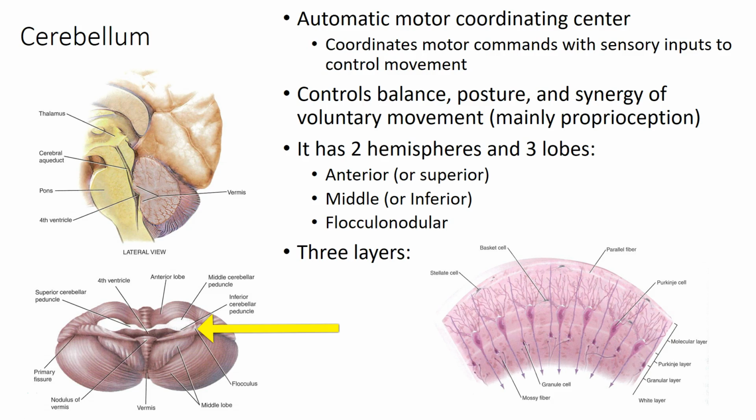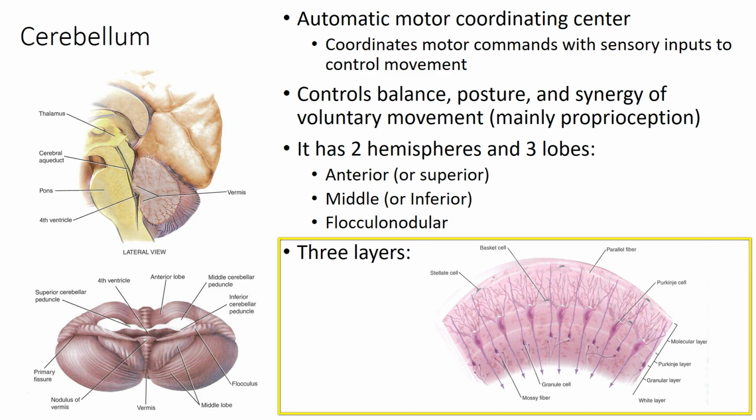That's that little band at the very anterior part of the cerebellum. Like the cortex, nerve cells in the cerebellum are in layers, but in this case 3 layers rather than the 6 that we have in the cortex. So again, it's not quite as sophisticated of a structure, but it has basically a similar structure to the cortex.